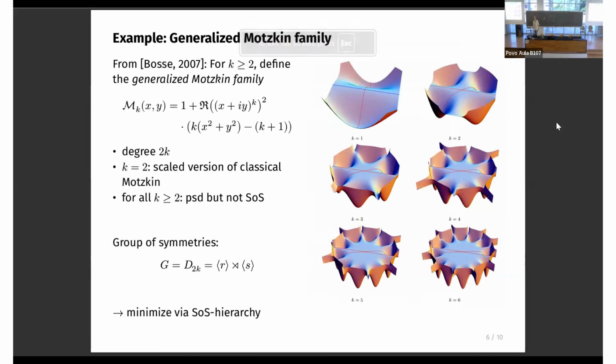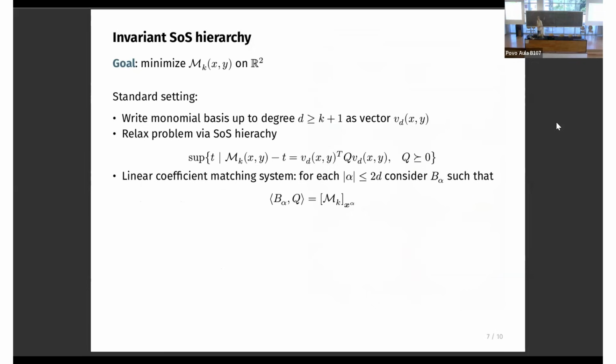Yeah, so we want to minimize this now via the SOS hierarchy. So in the standard setting, I think many are very familiar with this. We take a vector, so it would be D, but D is the index of the hierarchy level, of all the basis monomials.